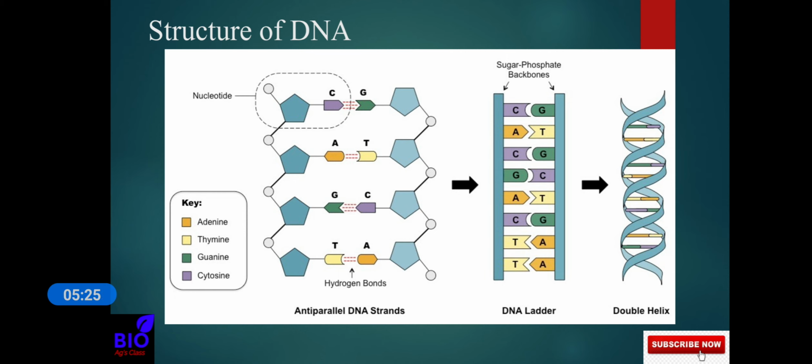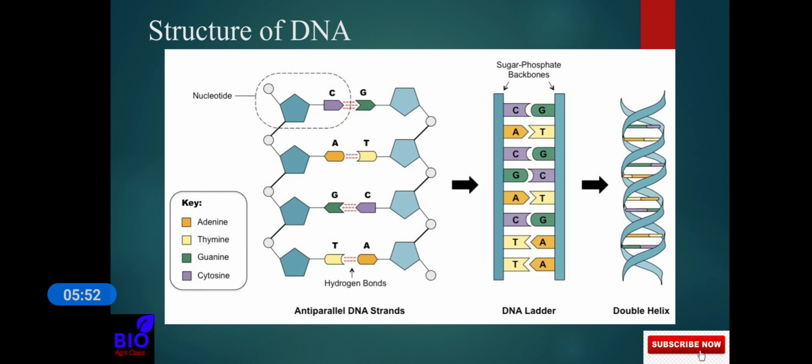The sides of the ladder are made of deoxyribose and phosphate molecules, while the steps of the ladder are made up of a pair of nitrogen bases. What are those nitrogen bases that I mentioned earlier? Thymine, cytosine, guanine, and adenine.